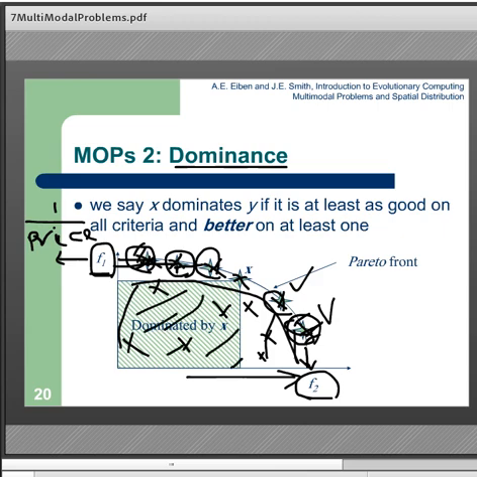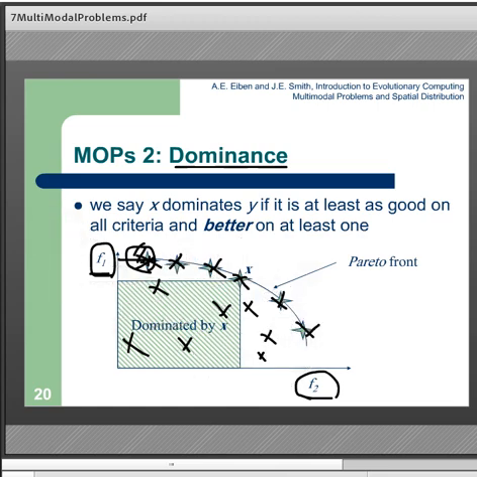It is better than this element. This element in the rectangle is lower by F1 or by F2. All of these elements in this rectangle are named dominated. What is the meaning of dominated in English? Can you tell me? Dominated refers to the better, better by F1 or by F2.